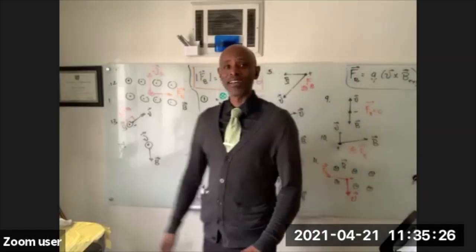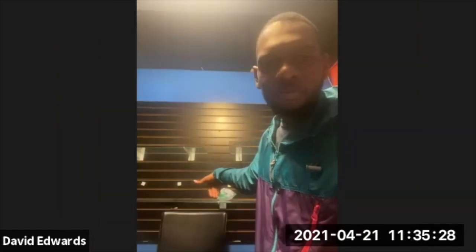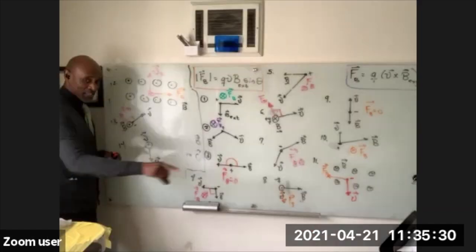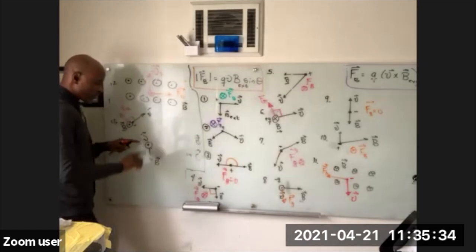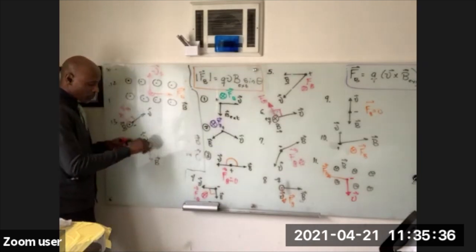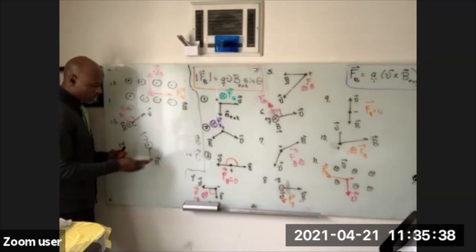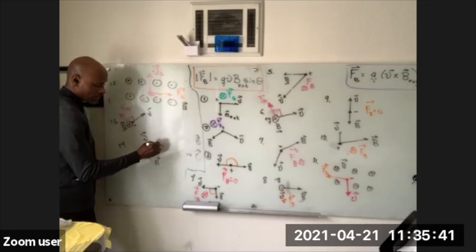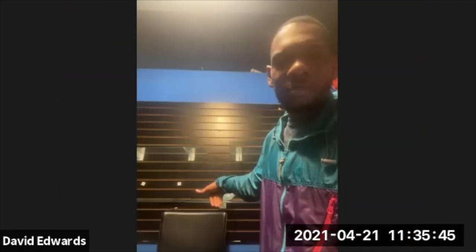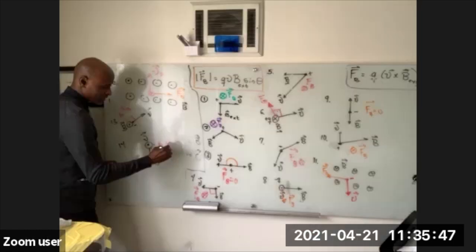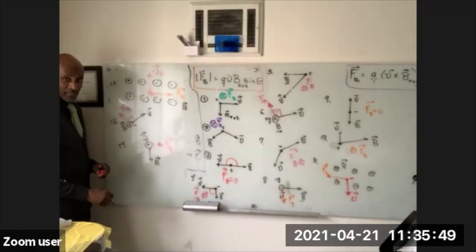Left, if you turn your body around, but remember we have to make it oriented to what's on the board, so it's to the right. When you're facing the board, it's to the right. Yeah, good.